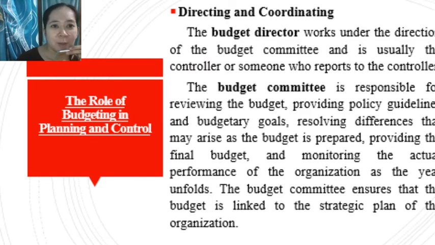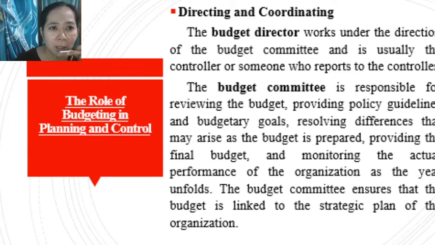Okay, so in terms of directing and controlling, especially for the large companies or organizations, they have different officers that are in charge of the directing and coordinating in terms of budgeting.